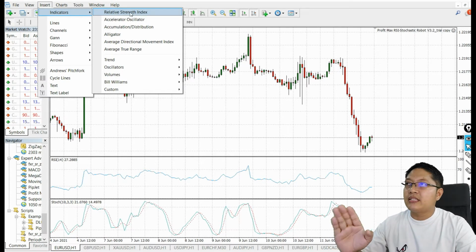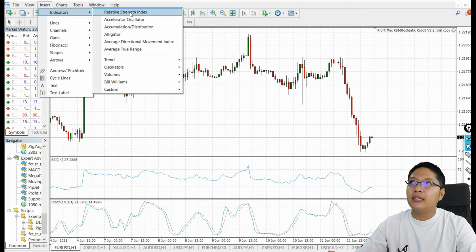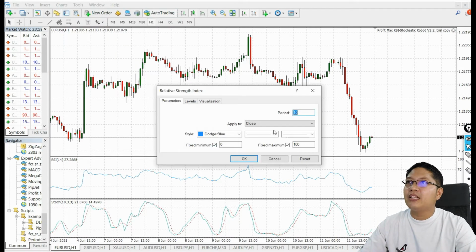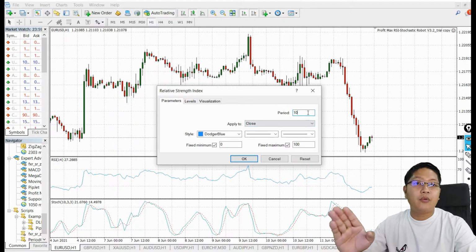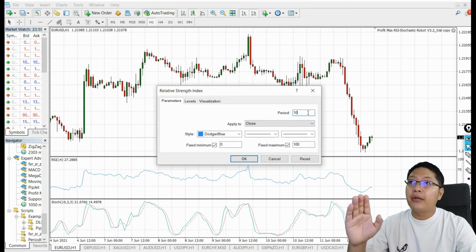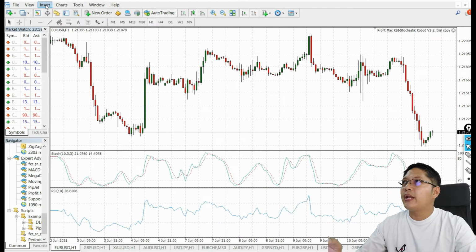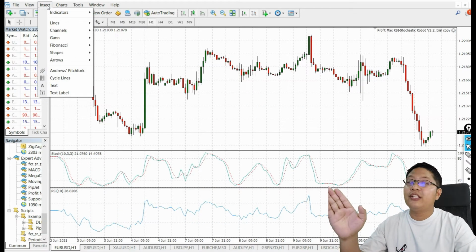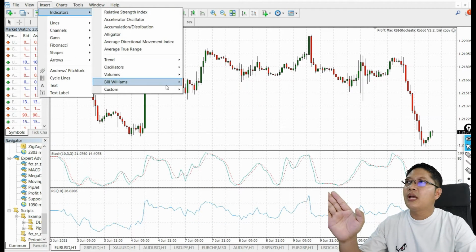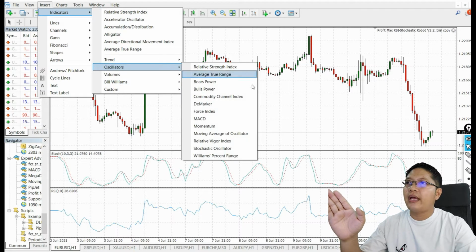There's RSI. Since I have that, I don't need to set that anymore. So what's the best setting for that? Normally I use period 10, and then just okay. For the Stochastic Oscillator, you can again go to the Insert tab and then Indicators, then you have Oscillators and you have Stochastic Oscillator.